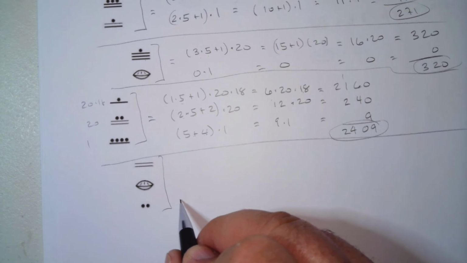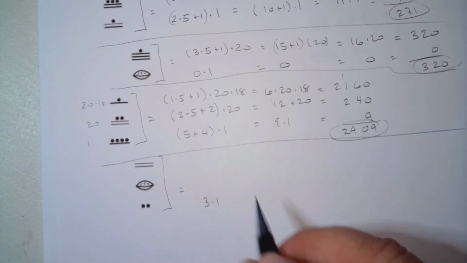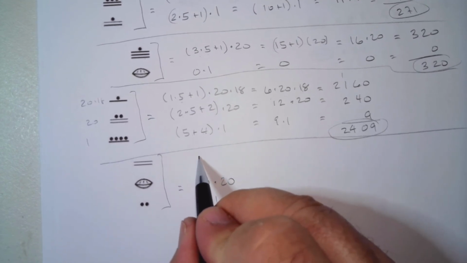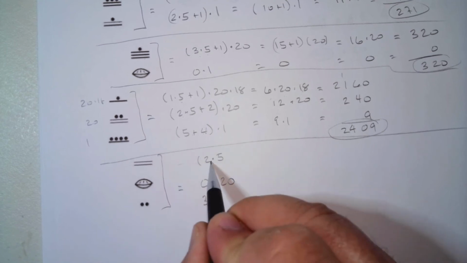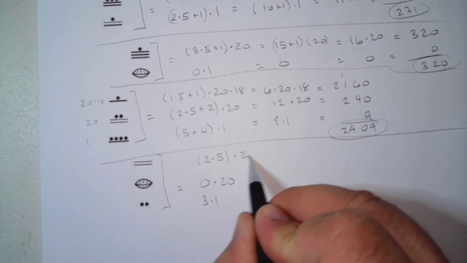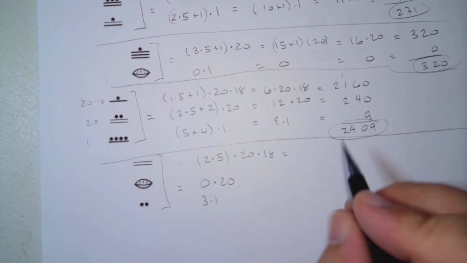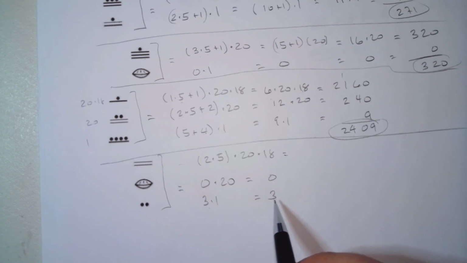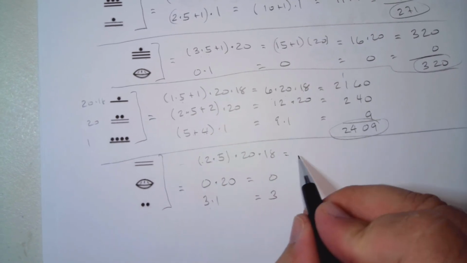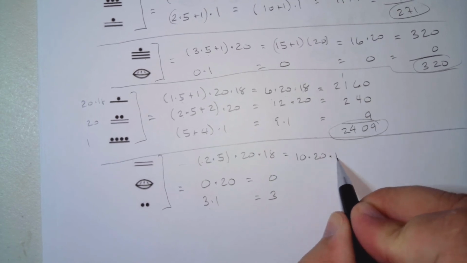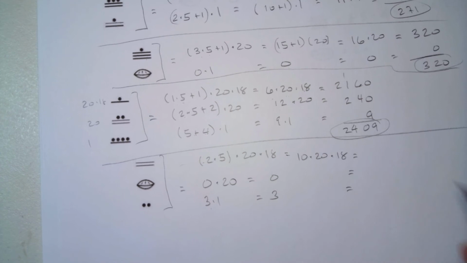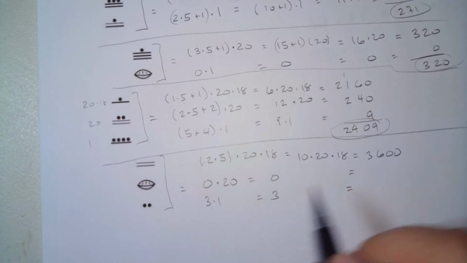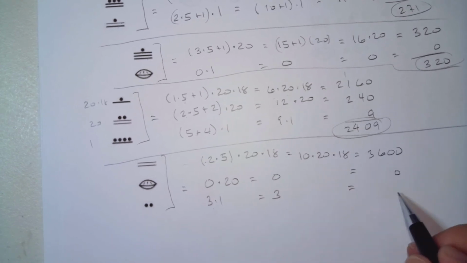A little more. So we have 3 in the ones area, 0 times 20, we got 2 of the 5s in the 20 times 18 area, so 0 times 20 is 0, 3 times 1 is 3. 2 times 5 is 10, times 20, times 18. 20 times 18 is 360, times 10 is 3,600, plus 0, plus 3.